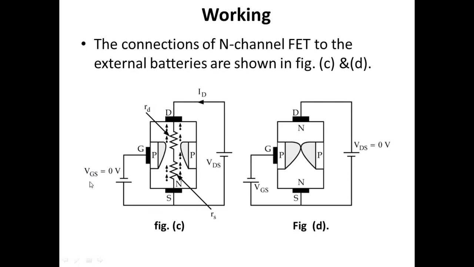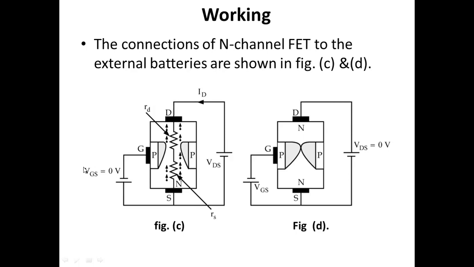That means a negative VGS is connected, minus VGS. Why do we call it minus VGS? Because the source is connected to the positive, VGS is nothing but minus VSG. So here VGS is negative.